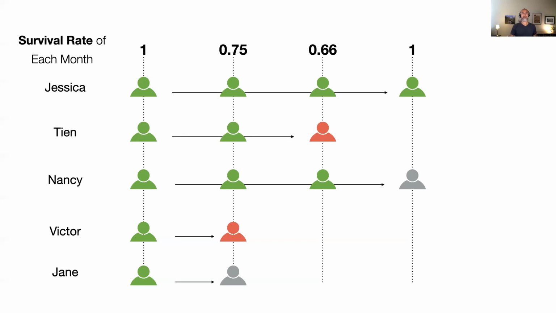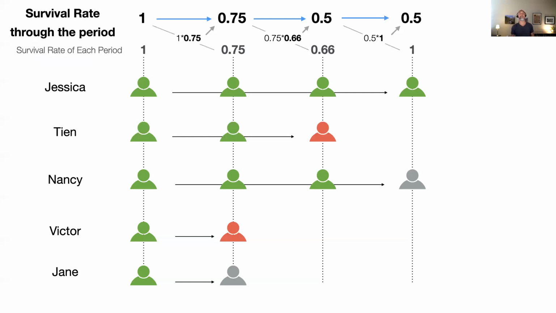So there's only Jessica, and Jessica still retained in the 4th month, so the survival rate is 1. And once we get the survival rate of each month, we do the same thing to calculate the survival rate through that period. I don't think I'm saying anything special.